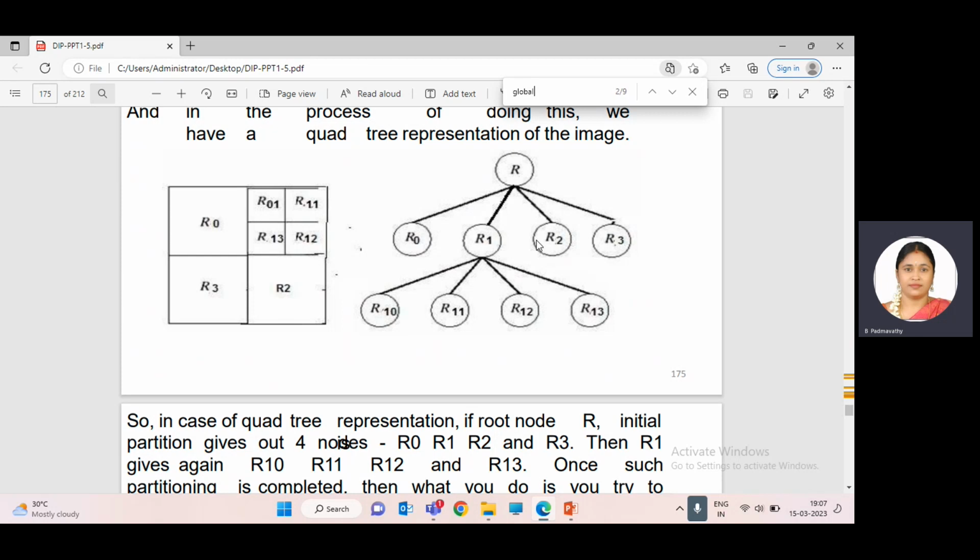Some of the various methods are morphological watersheds, watershed segmentation algorithms and dam construction. These are the various topics where you can use it. And in morphological segmentation, you can have a catchment basin and watershed, which has minimum values, and the entire image is split or merged.